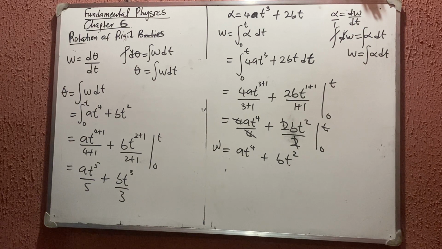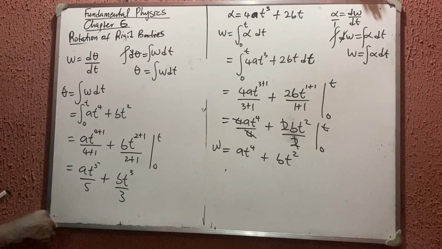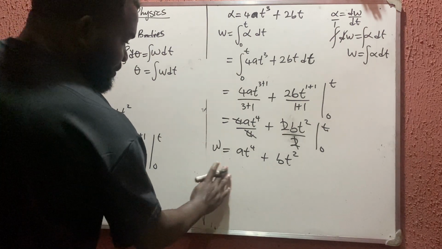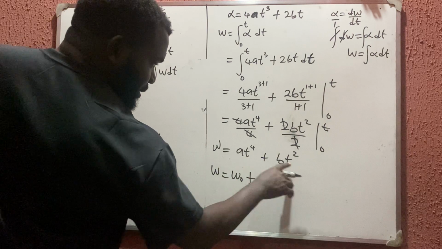There is something I forgot to let you know. We were asked to write down the equation for the angular speed. There is something we missed, and what we missed was to add the initial speed. So the W here is supposed to be W0 plus this answer gotten.